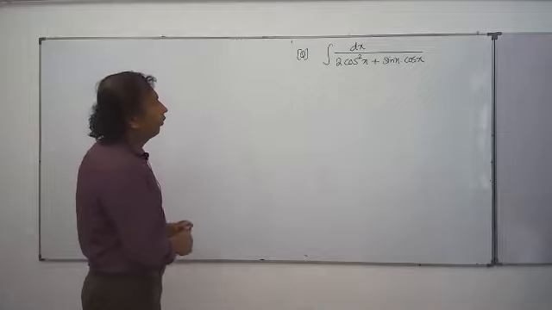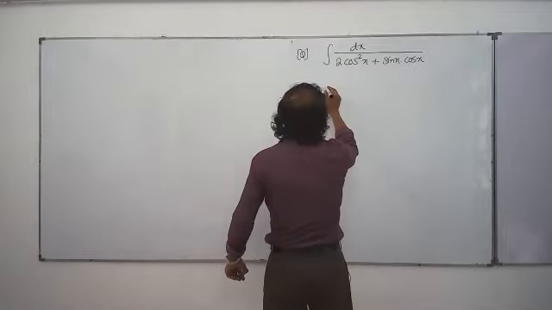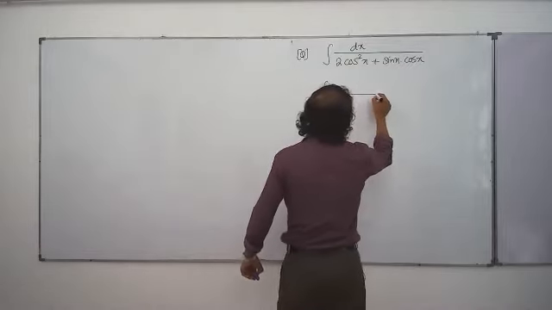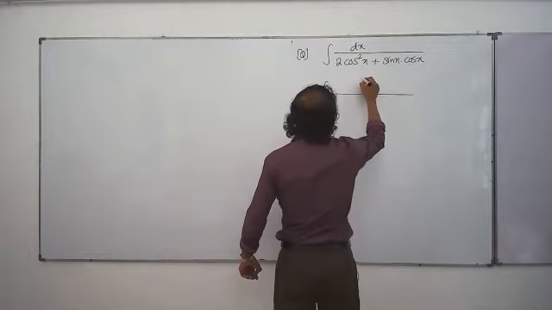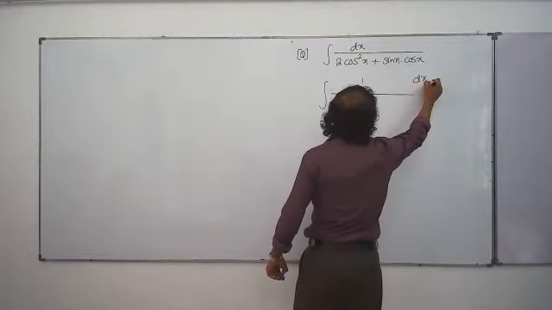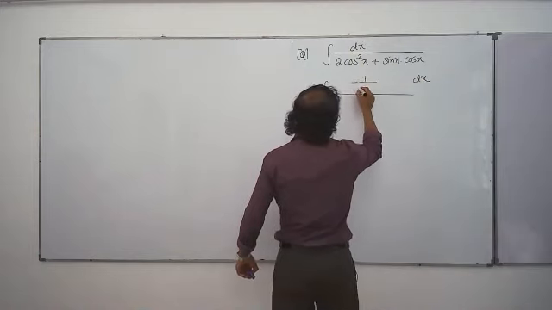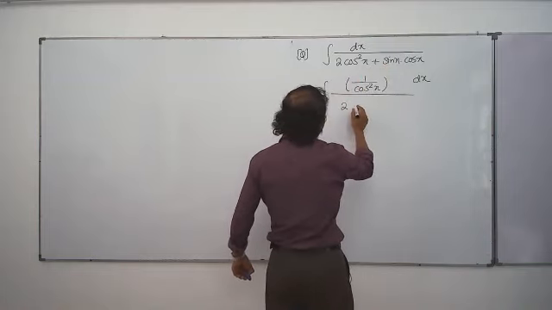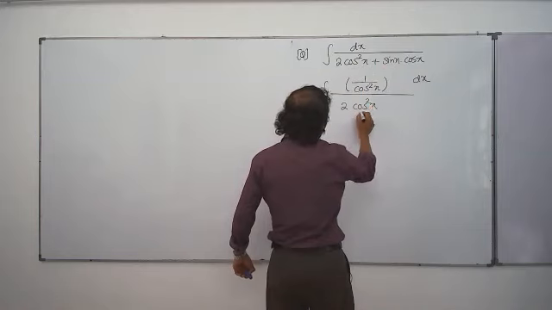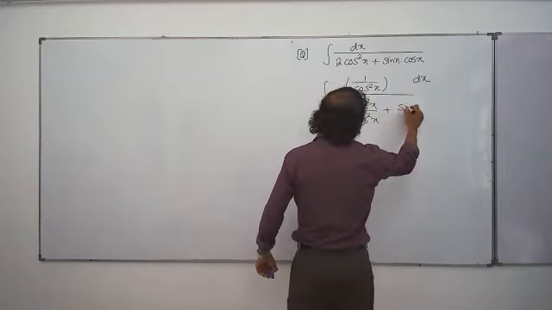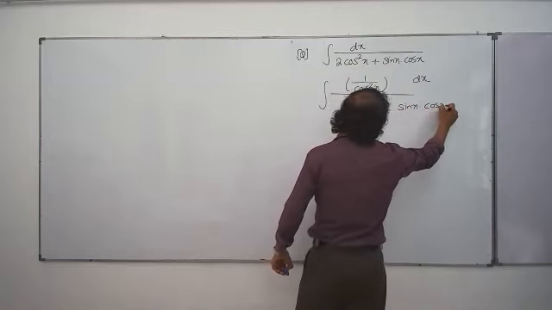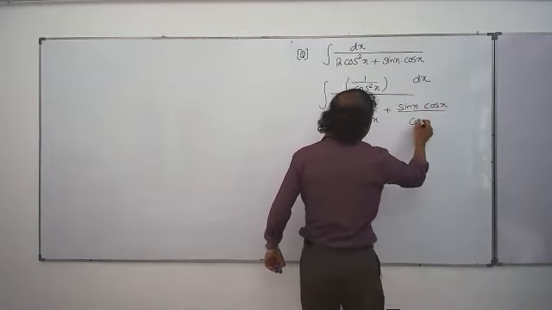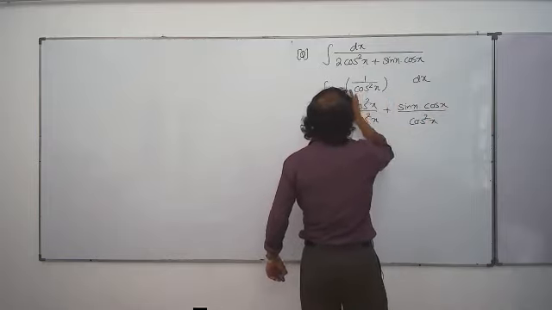Right. Now, when you divide this numerator and denominator by cos squared x, here we have dx means 1 dx. No, that dx I write here. This 1 we divide by cos squared x, the numerator 1, and this both we divide by cos squared x. Then we get 2 cos squared x divided by cos squared x plus sin x cos x divided by cos squared x.